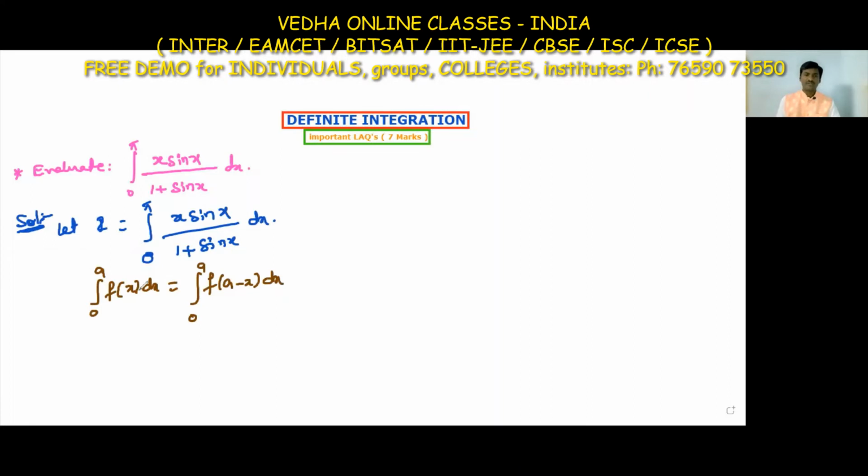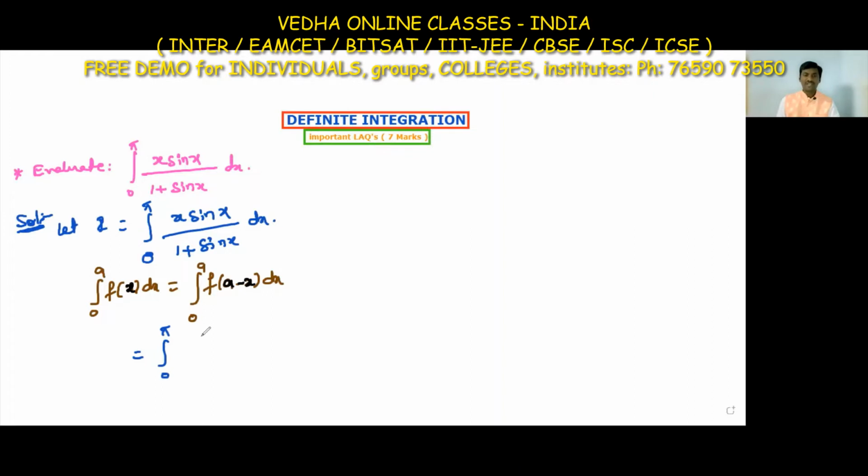So now in place of x I am substituting a minus x, upper limit minus x. In place of x we write upper limit minus x. So now this is equal to integral of 0 to pi x. What is x here? X means upper limit minus x.